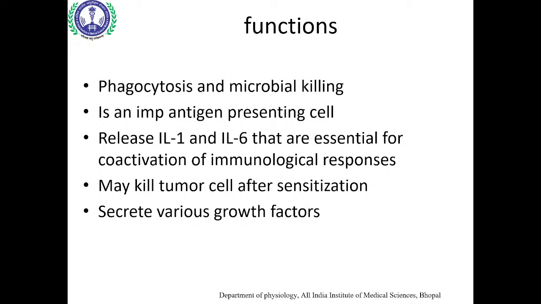What I was talking about as macrophages, in the liver they get transformed into Kupffer cells. Okay, in the alveoli they get converted into which cells? Dust cells. Then in the brain they get converted into glial cells.